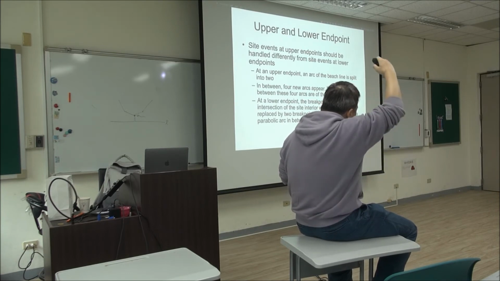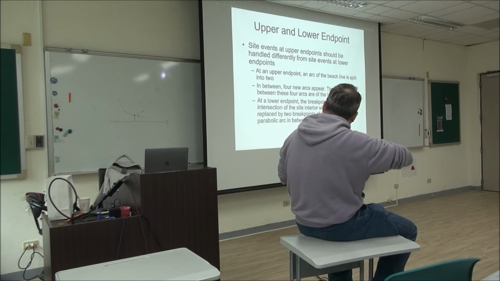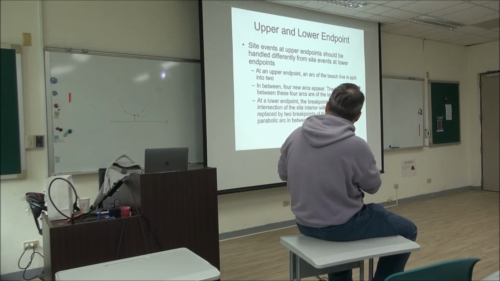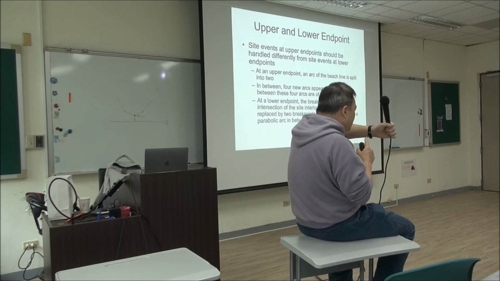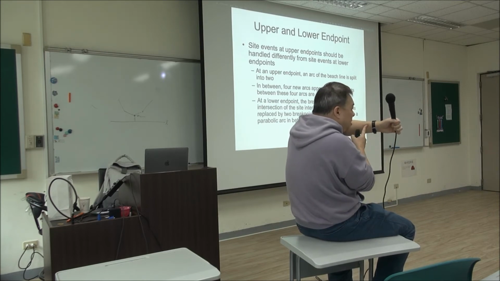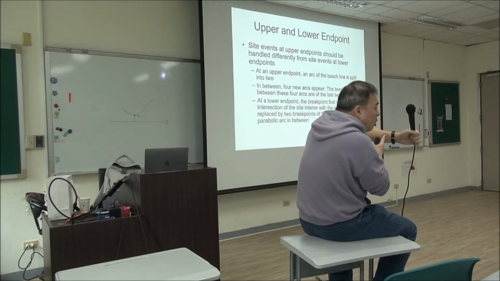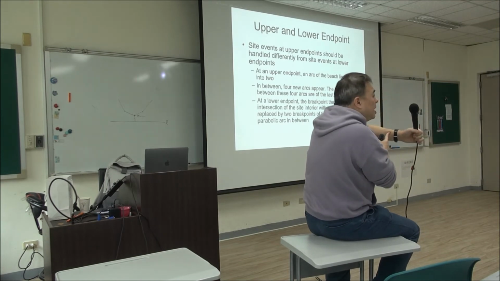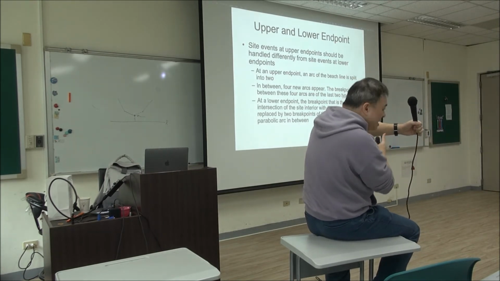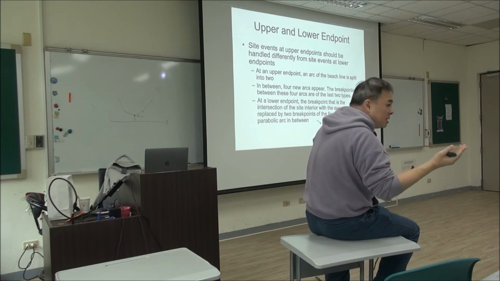So let's look at how the sweep line goes past this line segment site. At an upper endpoint, when your sweep line encounters the upper endpoint, an arc of the beach line is split into two. All it can see from this new line segment is only that point, right?